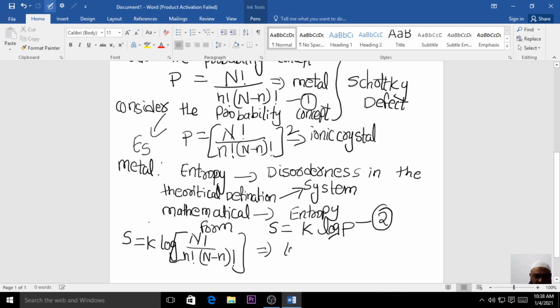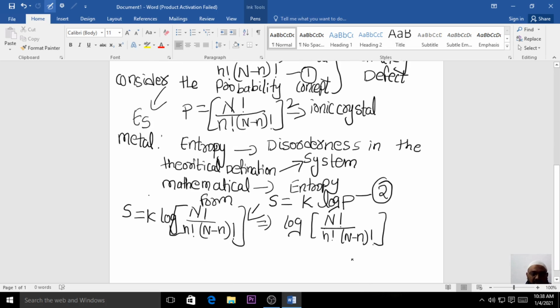Now we will separate this log term here separately, log of capital N factorial divided by small n factorial into capital N minus small n factorial. Only this part we are going to solve first, and then we will substitute it in equation number 2.